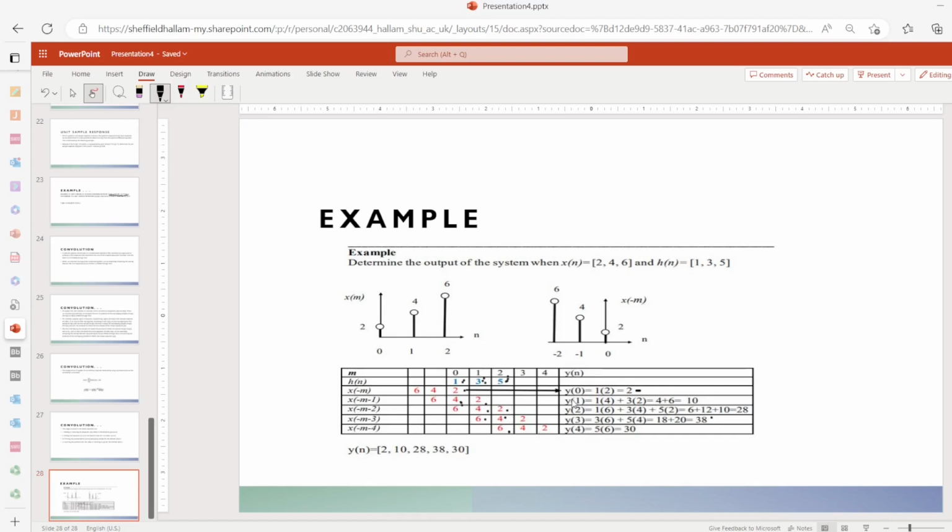By doing that, the output at n equals 0 will be 2, the output y1 is 10, the output at n equals 2 will be 28, the output at n equals 3 will be 38, and the value at n equals 4 will be 30. So yn, the output, will be 2, 10, 28, 38, 30.